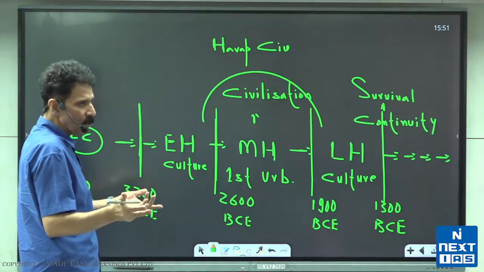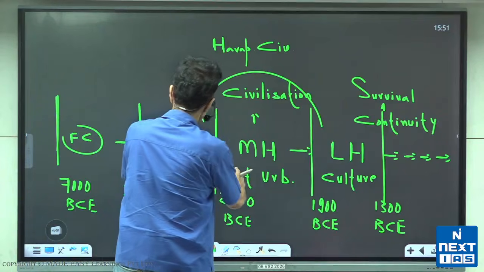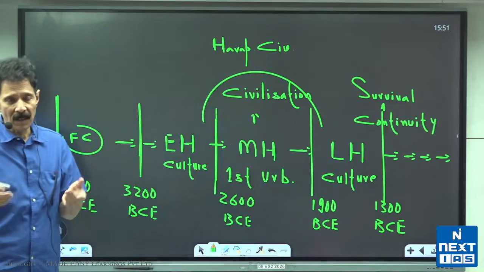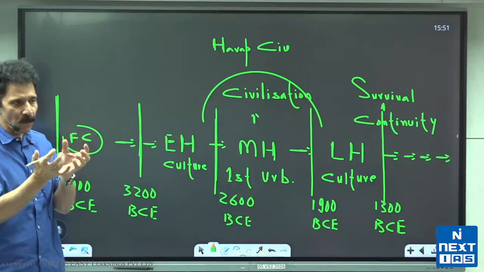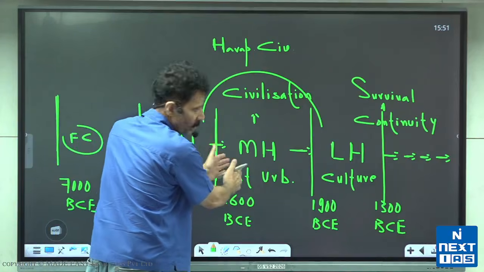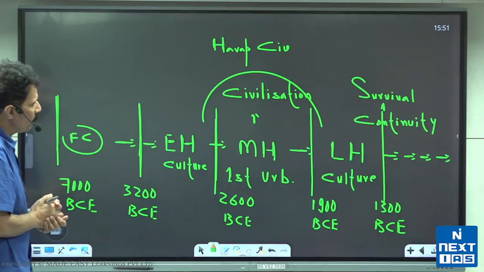So cultural evolution theory is what? Starting from here till here, there is a cultural evolution. You may have a statement that Harappan civilization represent a product of a long-term cultural evolution. Comment. So yes, it represents a long-term cultural evolution.